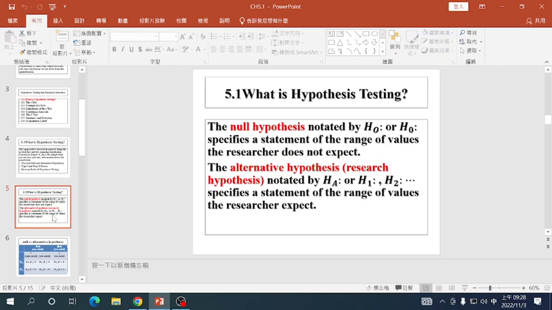So y equals beta 0 plus beta 1 x1 plus beta 2 x2, etc., up to beta k xk, plus epsilon. So this is the model of multiple regression. Most of the time, hypothesis testing in regression analysis tests those coefficients. Therefore, I should put the null hypothesis and the alternative hypothesis.